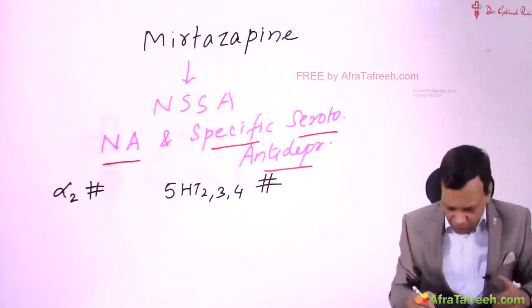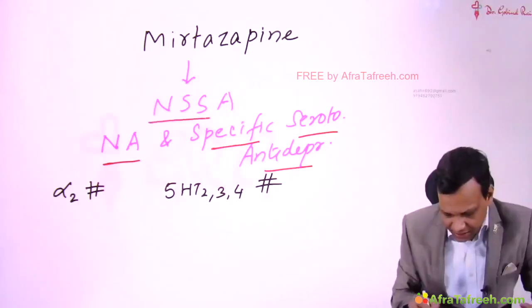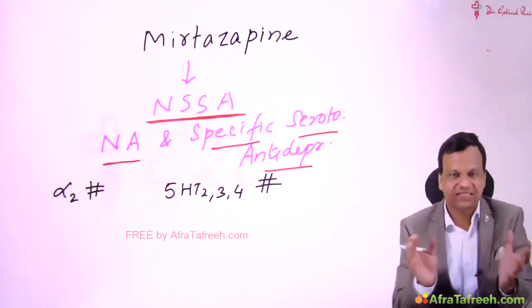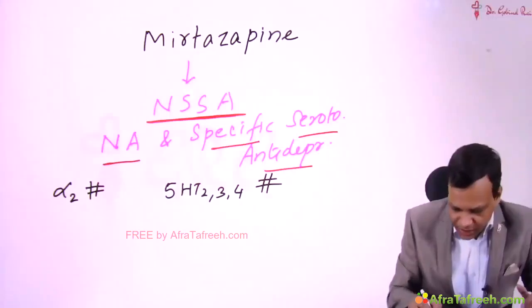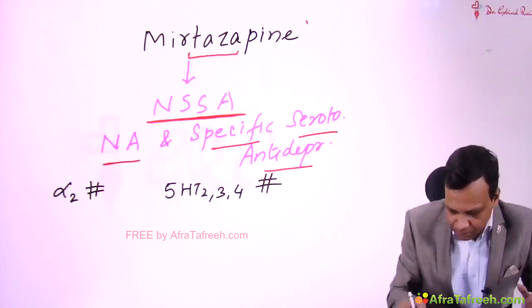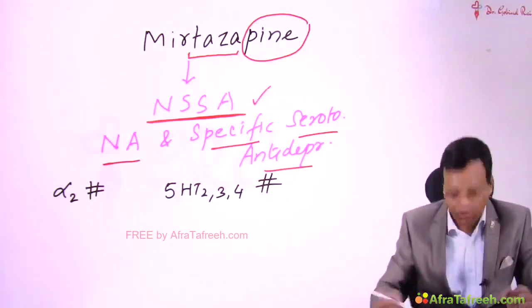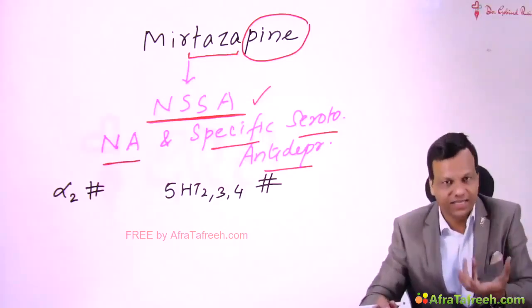Okay. Now from the name you can remember these things. NSSA looks like nasha. In Hindi, NSSA becomes nasha, so it says if you drink mirtazapine it causes nasha, NSSA. Okay.